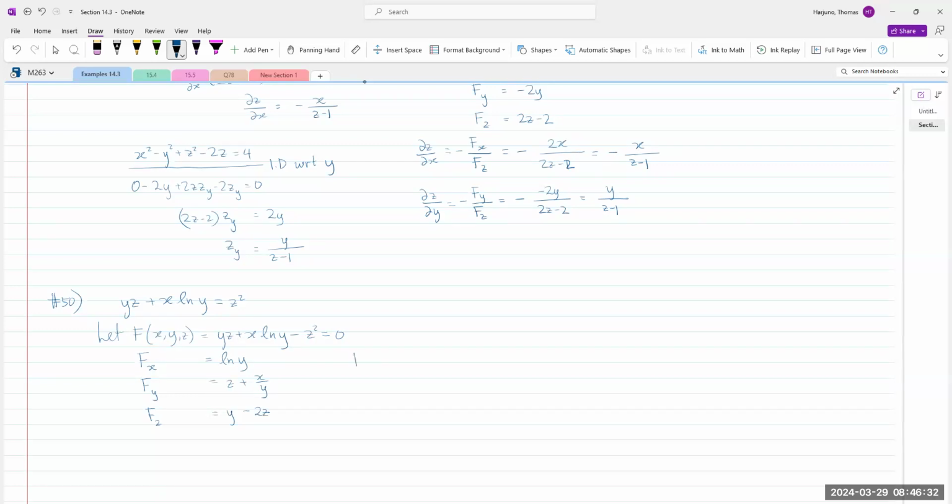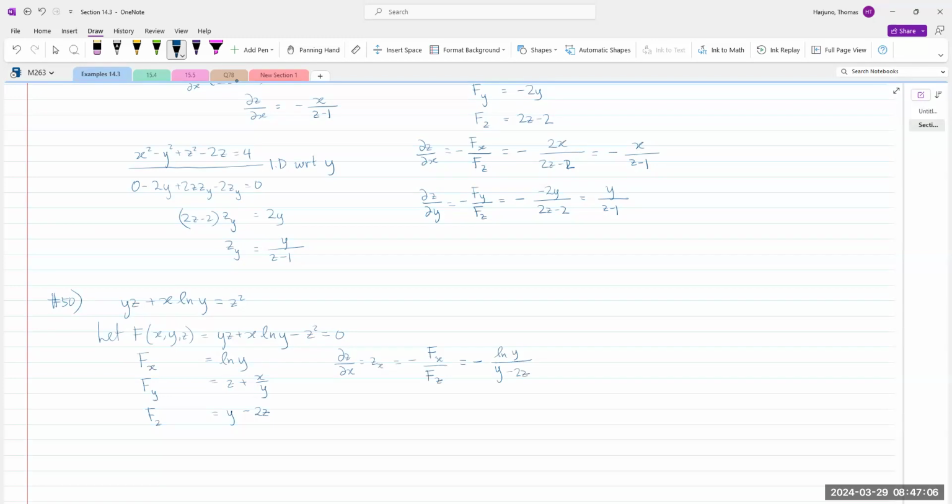So the partial of z with respect to x, ∂c/∂x, or we can just call that c sub x, is negative of partial of f with respect to x over partial of f with respect to z. That will be negative natural log of y over (y minus 2z).